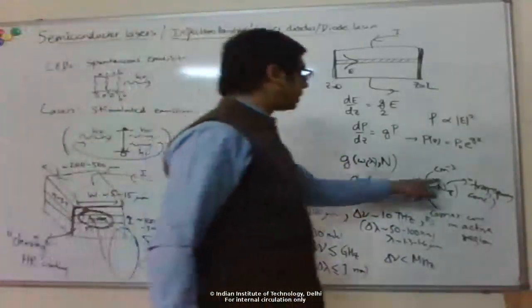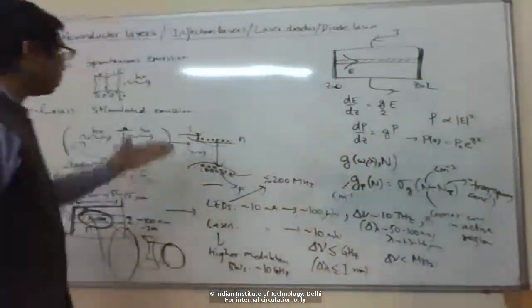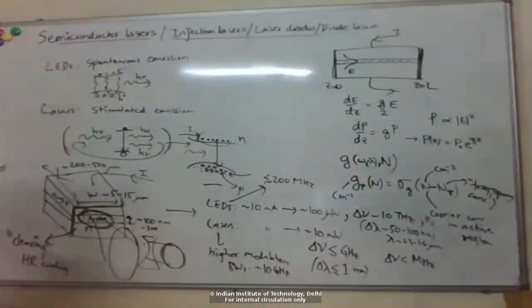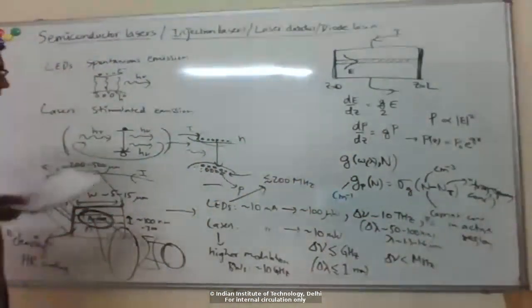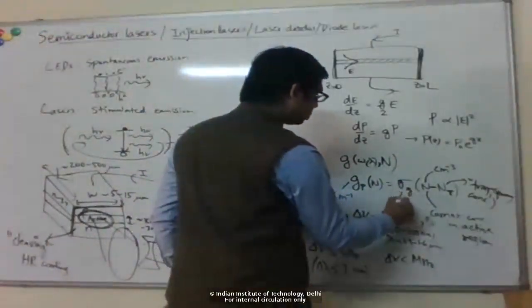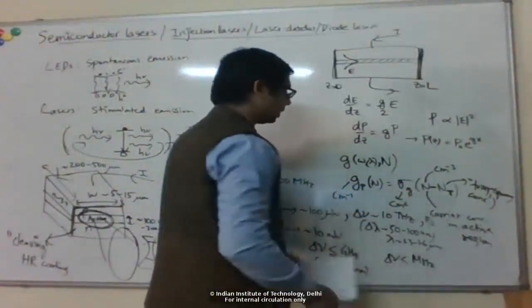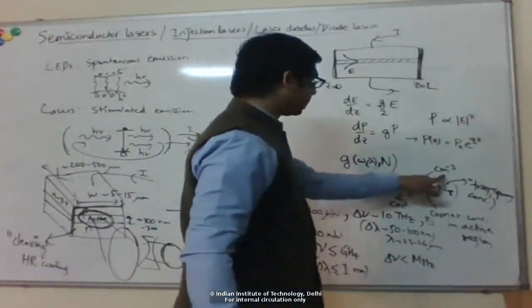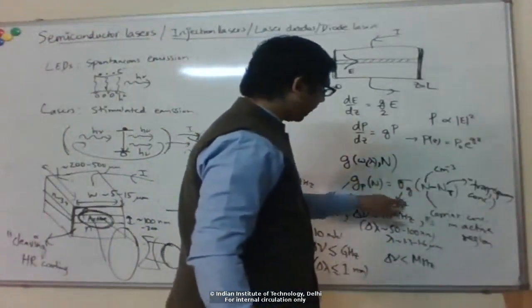This NT depends on the material and the doping, etc. You can see from here that the units of this proportionality constant have to be centimeter square, because this is per centimeter cube. So this has units of area.